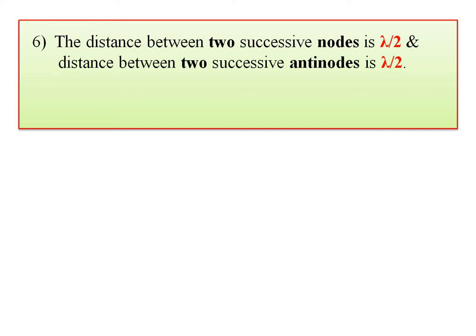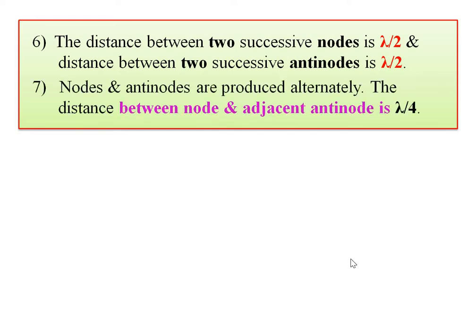Remember, the distance between two successive nodes and two successive antinodes is lambda by 2. Next property: nodes and antinodes are produced alternately. The distance between a node and an adjacent antinode is lambda by 4. Remember, the distance between a node and an adjacent antinode is lambda by 4.